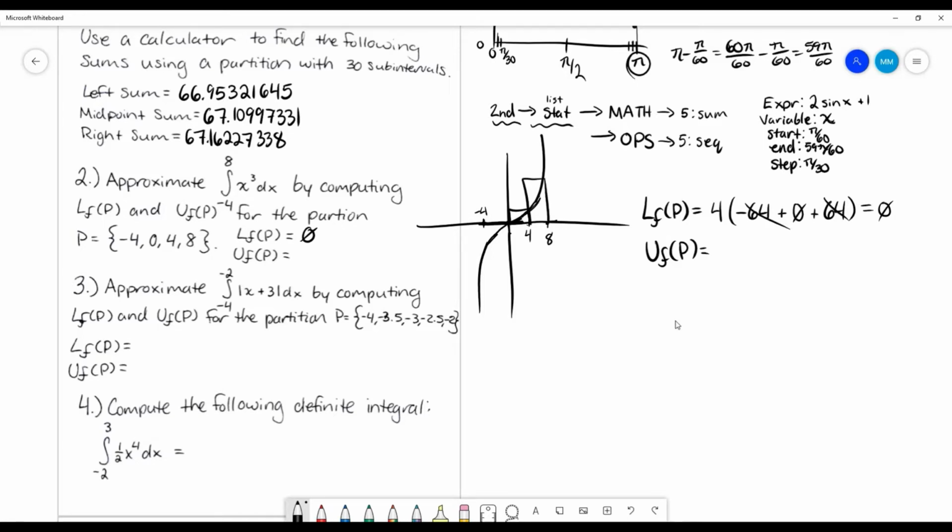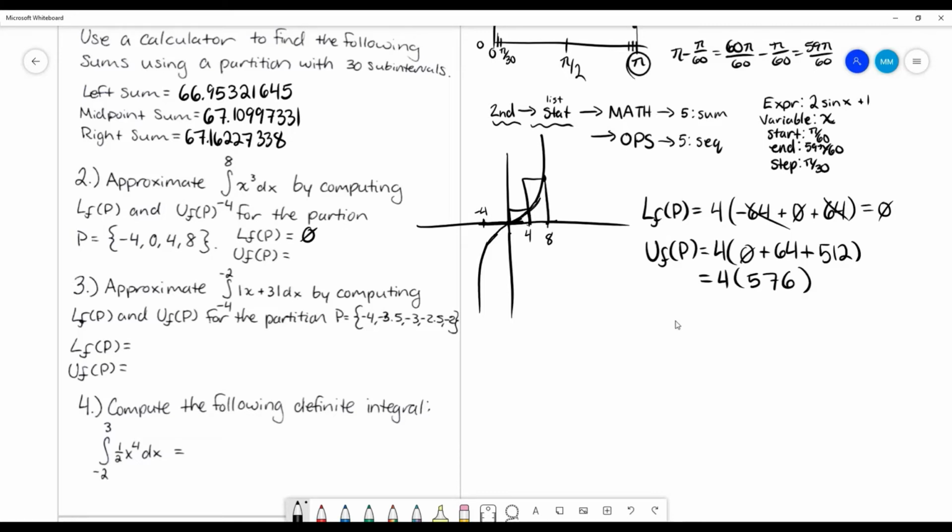So our upper sum, again, factor out that 4. This is a 0 plus whatever this height is, which is 4 cubed, which is 64, plus this height now, which is 8 cubed, which is, I think, 512. Just going off memory. Then 64 plus 512 is 576.